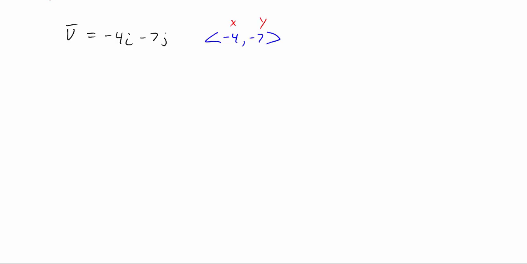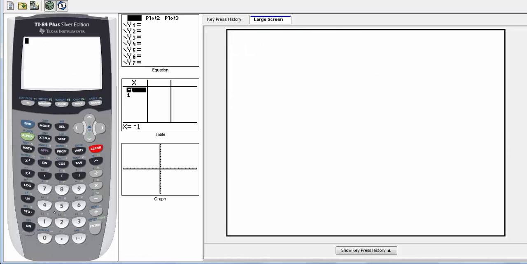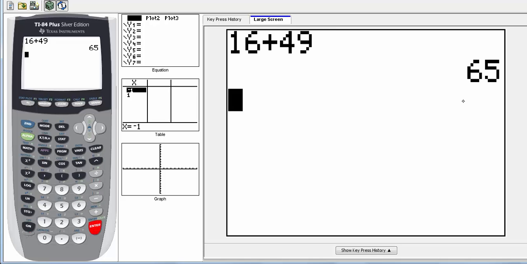So if we want to find the magnitude of our vector, then we're simply going to take the square root of negative 4 squared plus negative 7 squared. And if we do that, we would have 16, so 4 squared is 16, plus 7 squared is 49, and we get 65.